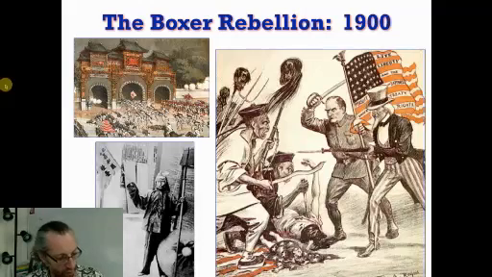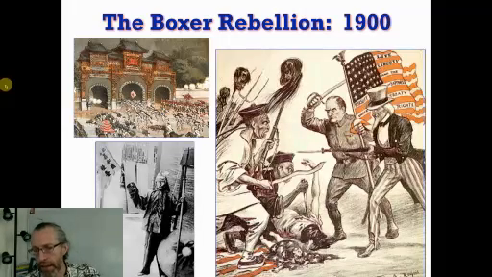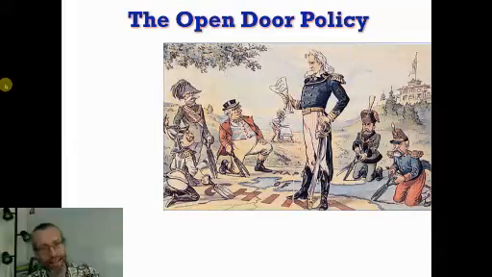They were punished to the tune of a $300 million indemnity, although I'm happy to report that the U.S., when they got $25 million, they gave $18 million of it back in the form of scholarships for Chinese to come to America. So we didn't have as much of the European vindictiveness that we saw at the time.